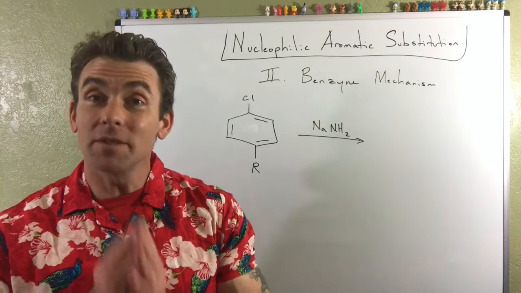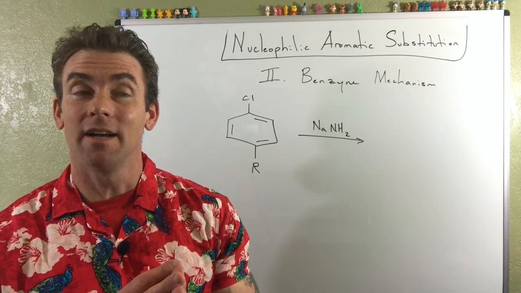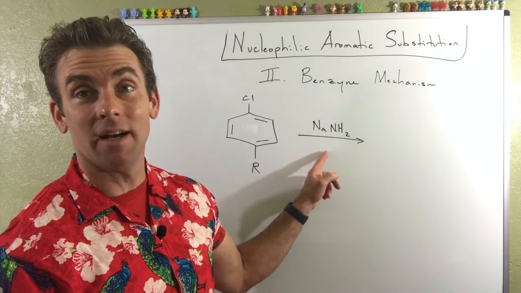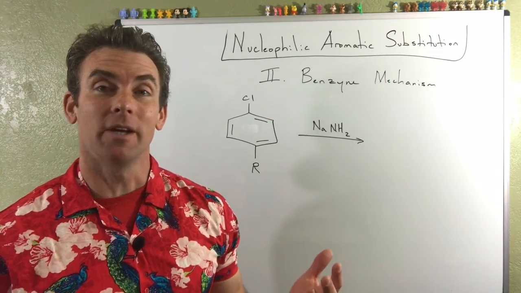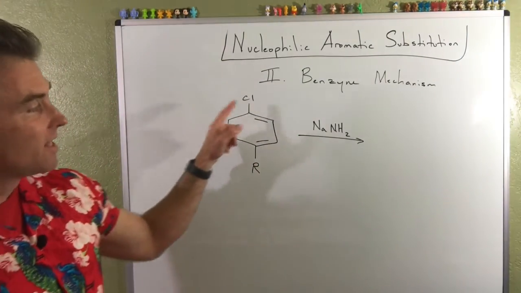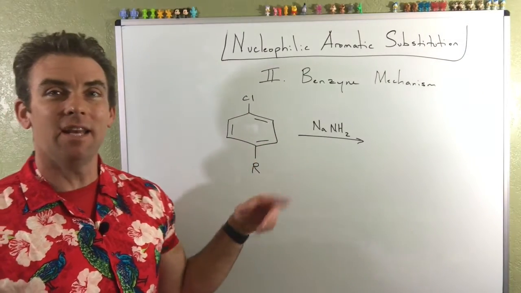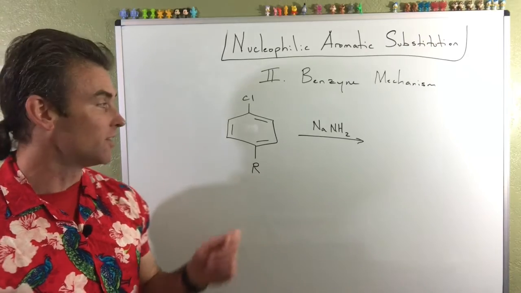Okay, so I'm purposely trying to choose a similar looking starting material and actually the exact same reagent here to show you the difference between normal nucleophilic aromatic substitution and the benzyne mechanism. So one of the things you'll notice is that I do not have any electron withdrawing groups in any particular position on this ring.